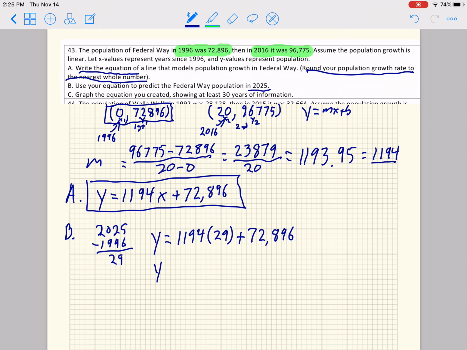All right, so I've got a population then of 107,552.